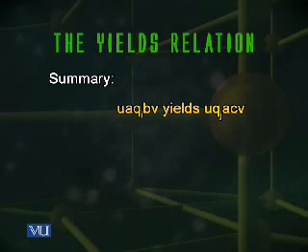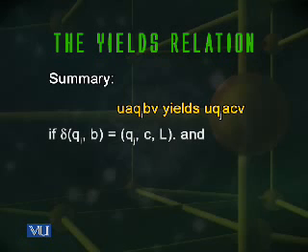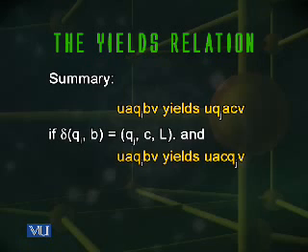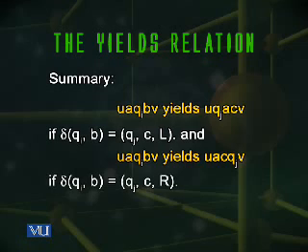In this case, you have to remember that uaqibv yields uqjacv if delta of qi comma b equals qj comma c comma l, and uaqibv yields uacqjv if delta of qi comma b equals qj comma c comma r.